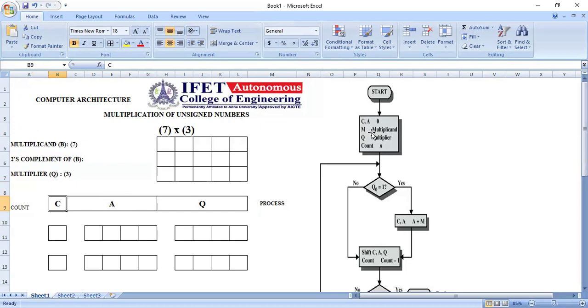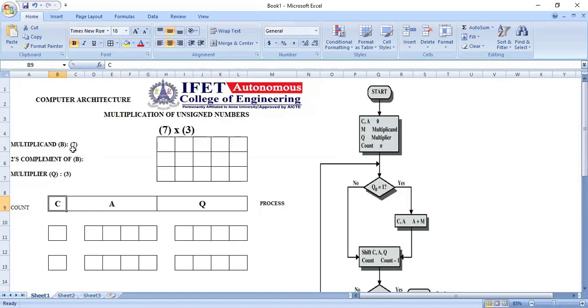And as I mentioned, we are going to use the multiplicand register B. Here it is mentioned as M; we can use M or the notation B, whichever. The multiplicand is stored in the B register and the multiplier in the Q register. I will explain the count after discussing the multiplicand and multiplier.